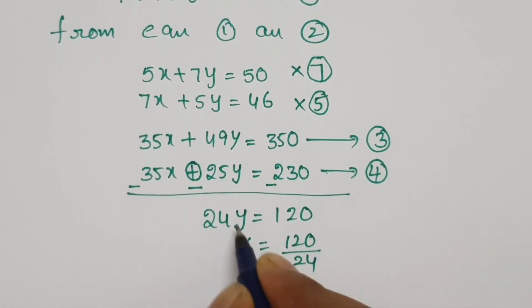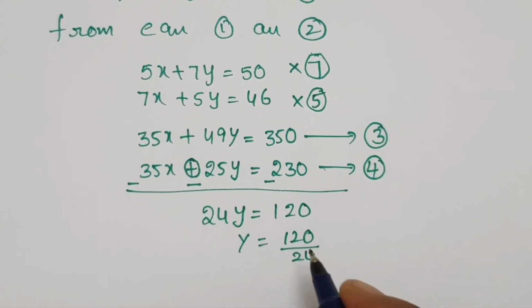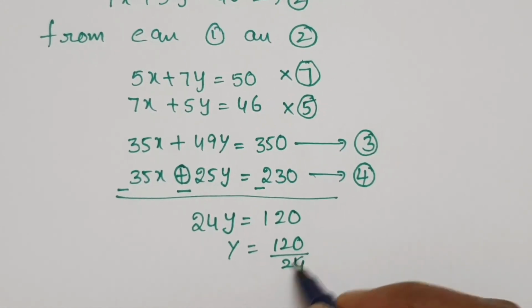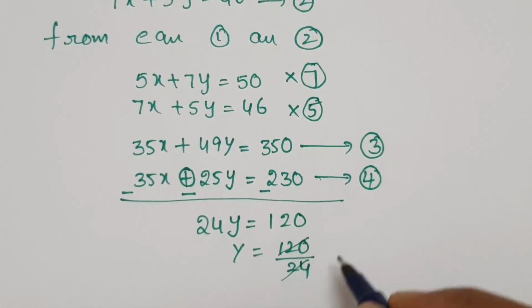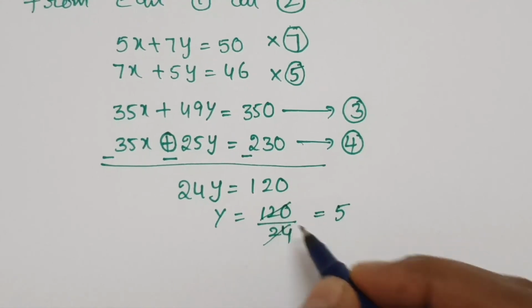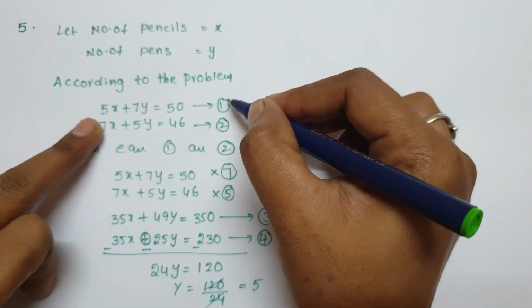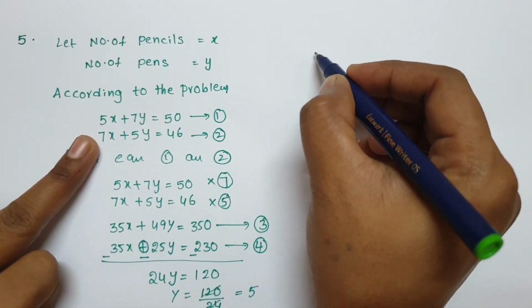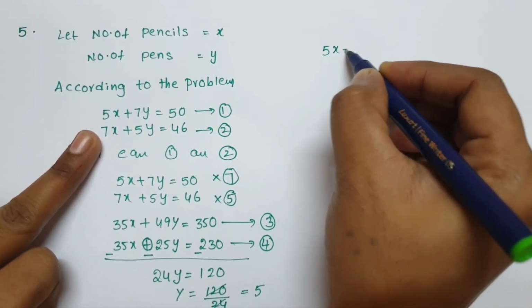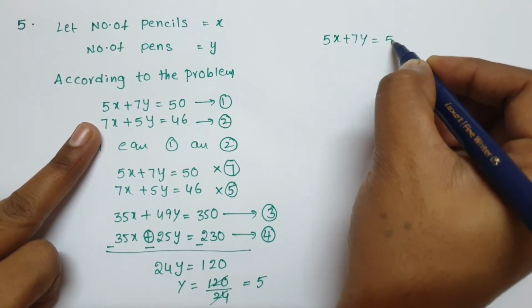Here the product is there, send that side, it will change to divide. Here do cancellation. 24 5s are 120, means y equal to 5. Substitute the y value in any one equation and we will get the x value. Here from equation number 1, 5x plus 7y equal to 50.